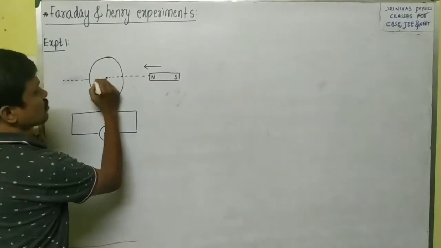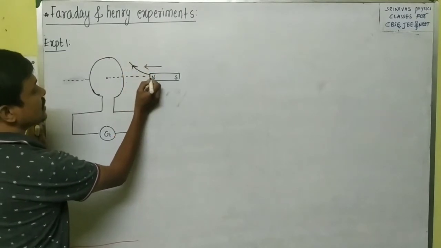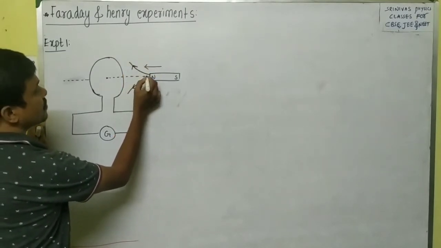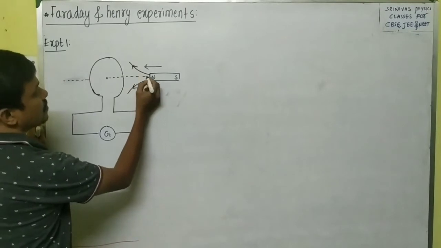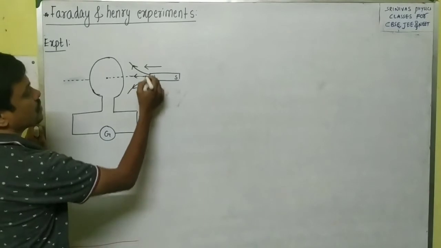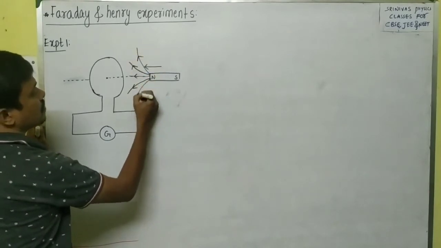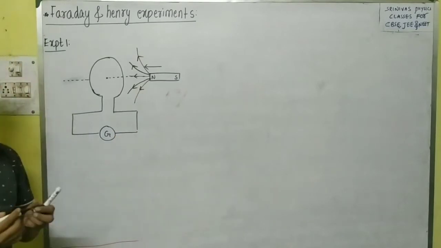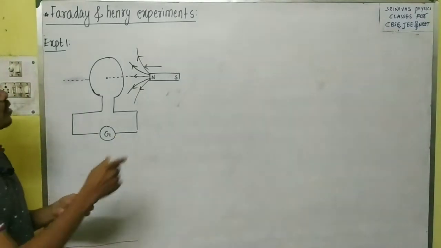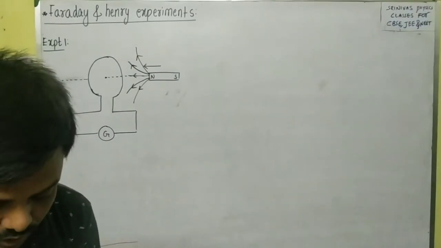When the magnet is moved towards the coil, the magnetic field lines are there. Right? When we move the magnet towards the loop, at that moment what happens?